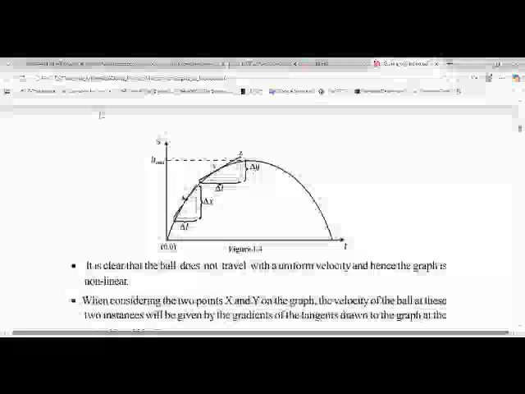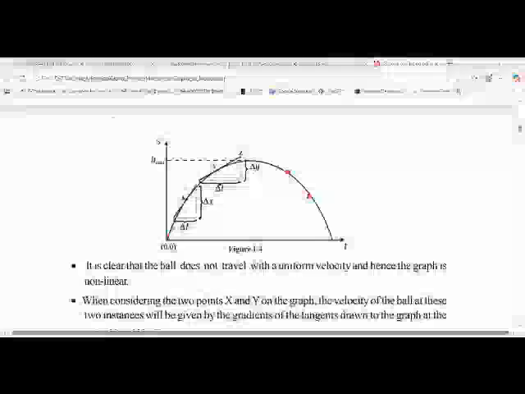Then how do you find gradient from this graph? You can't find a straight line. But if you consider any point on this position, their velocity is different from other points. They haven't the same velocity. It is changing. Velocity is changing.